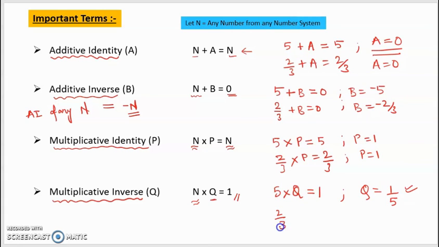So 2 by 3 multiplied by q should be equal to 1. So q will be equal to, when you simplify, 3 by 2. If you compare and check, 3 by 2 is nothing but the inverse of 2 by 3. Hence the multiplicative inverse, which is q, of any number n is nothing but 1 by n.